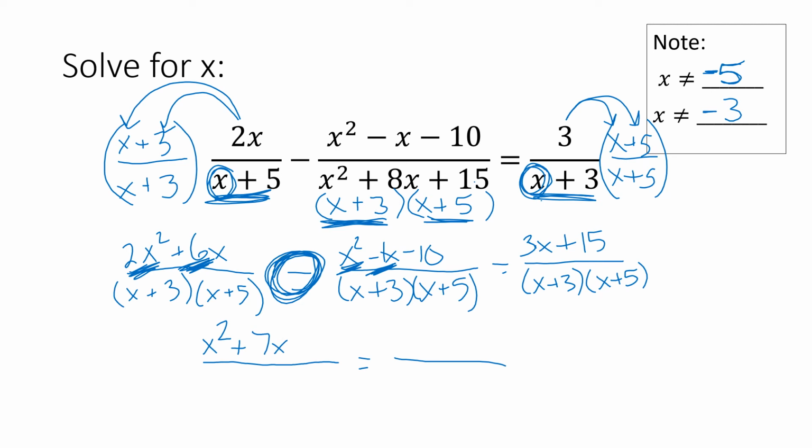And then I've got this minus negative 10. Well, if you subtract negative 10, that would be like adding 10. So we combine like terms here. We subtract these two fractions. We still have our common denominator, x plus 3 times x plus 5 on the bottom. And of course, on the right-hand side, at this point, we haven't changed anything. We've got 3x plus 15 on top, and then our common denominator on the bottom.